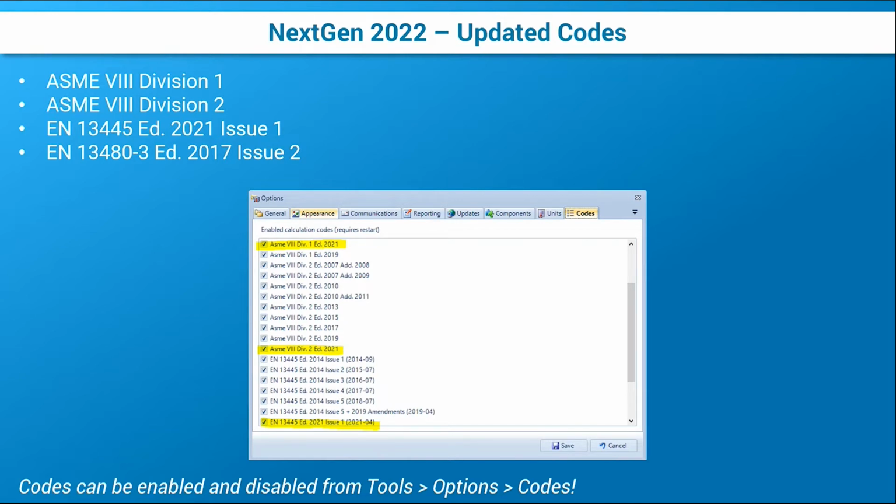From there, you can disable some calculation codes, the older ones, for instance, and then you won't see them inside the list of active calculation codes. Of course, you are always able to open old files that are made for said calculation code. So don't worry if you disable, for instance, the old editions of ASME or EN, and you can do that by going to Tools, Options, and Codes.